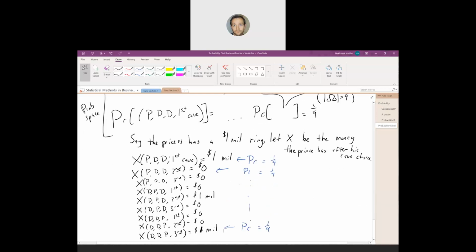So the numbers you can kind of assign any way you want, but the probability of getting a particular number is equal to the probability of that event in the original probability space. So far, so good? Yep.